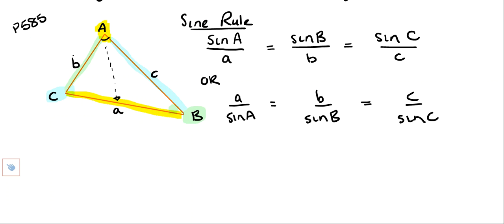So, for instance, what is sine A over A? What do we call that? It's a fraction, a ratio, a quotient, whatever you want to call it. If I look at it as a fraction, what if sine A over A was like saying a half?